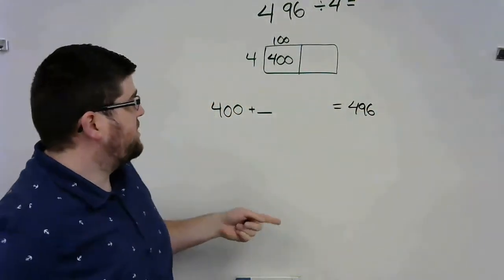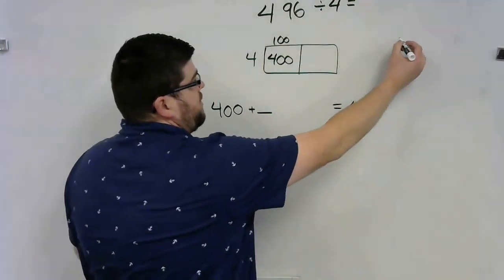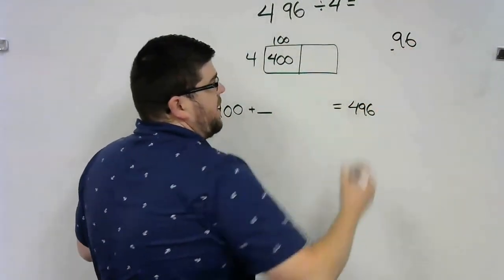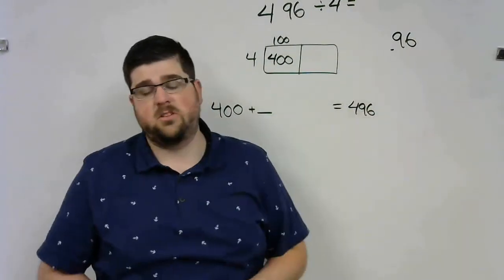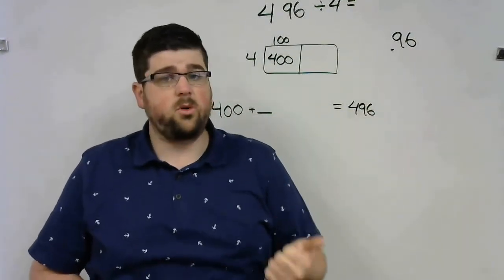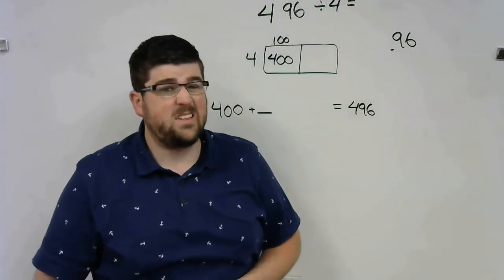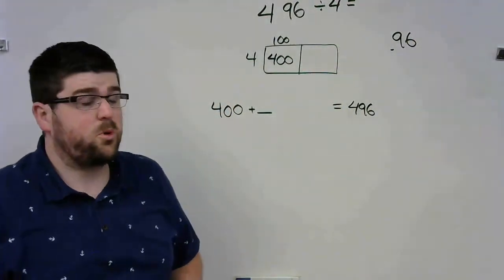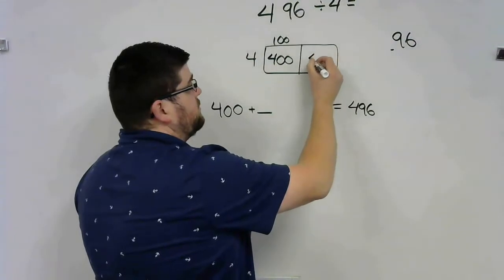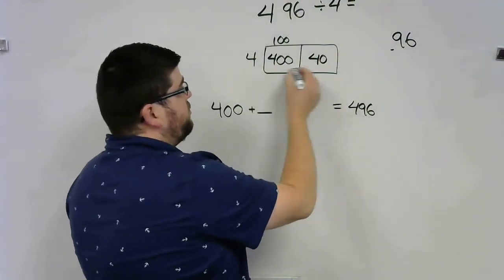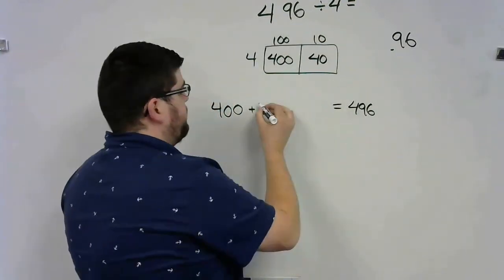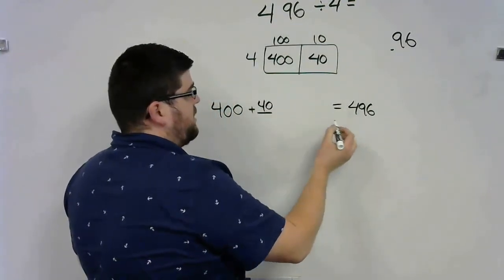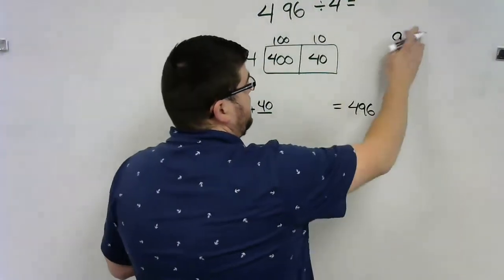So I'm going to ask myself, remember 96, can I use my multiples of tens or hundreds to help me get close to this answer? So can I use 40 or 400? And in this case, yeah, I can use 40. So 4 goes into 40 10 times. So I'm going to do 400 plus 40, but I'm not quite to 496.